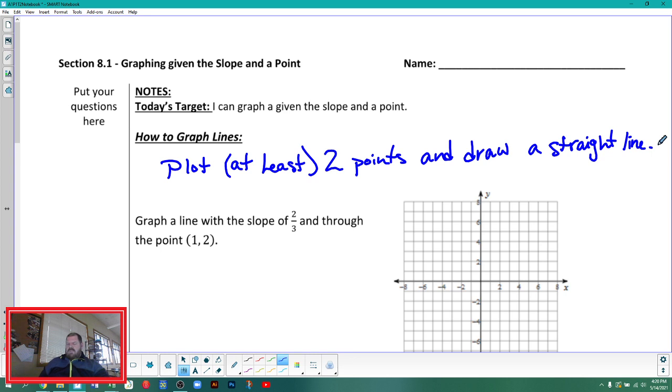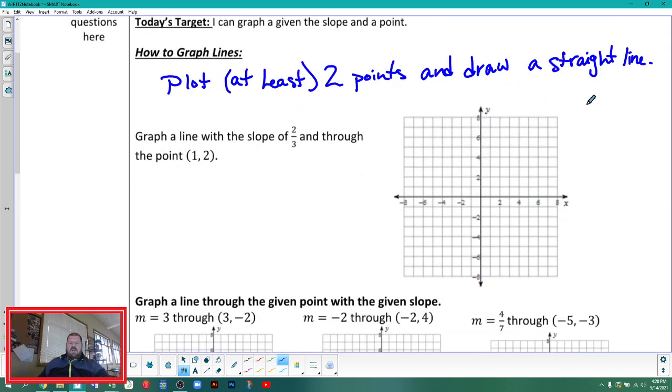For me, I get kind of picky about how we draw lines, so that's why I bring it up. And then a second tip that I have is don't pick 2 points that are right next to each other. It's a really hard thing to do to put a straight edge on 2 points that are very, very close to each other. So typically, if you can, pick points that are a little farther away.